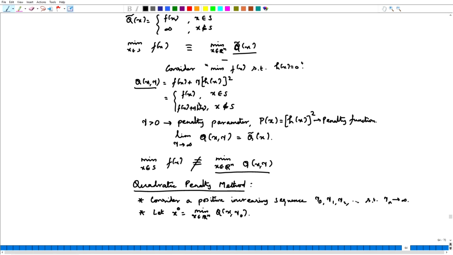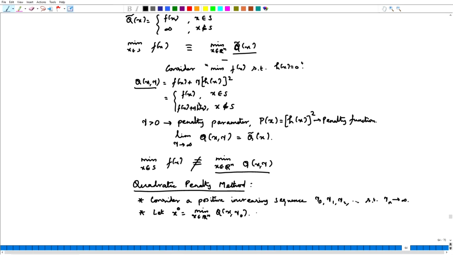We can try x 1, which minimizes q of x comma gamma 1. We can try x 2, the minimizer of q of x comma gamma 2, x 3 the minimizer of q of x comma gamma 3, and so on. We can continue this and stop when the minimum q of x k comma gamma k is very close to f of x k.